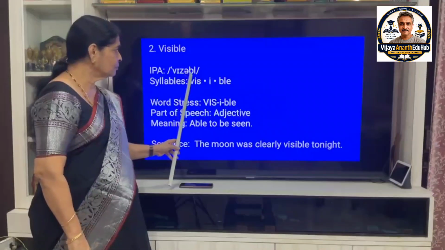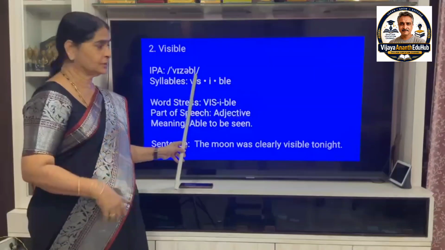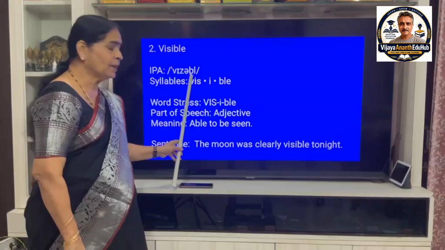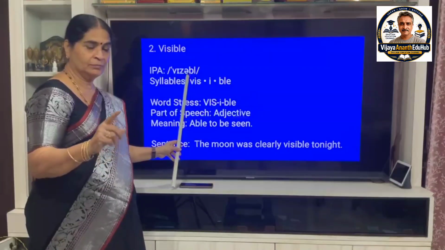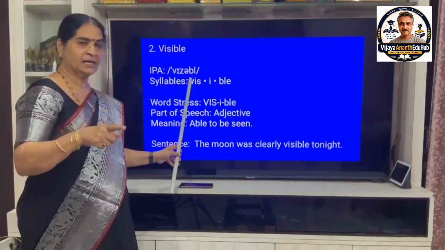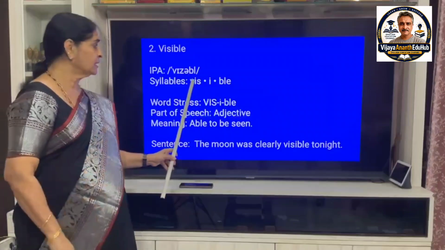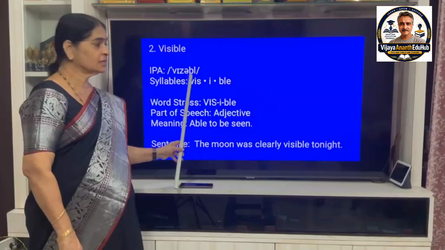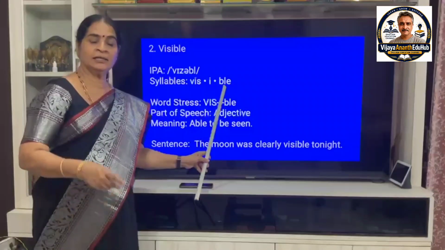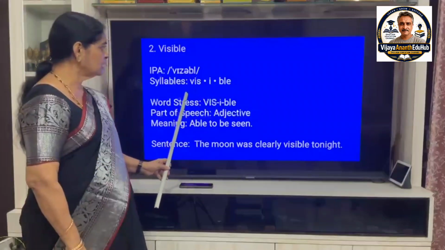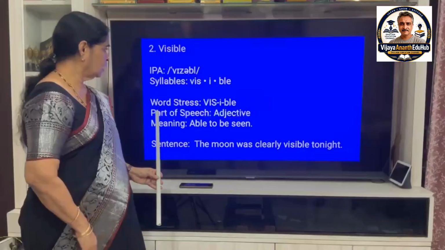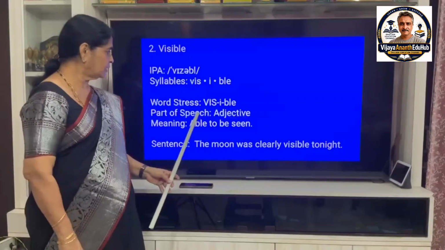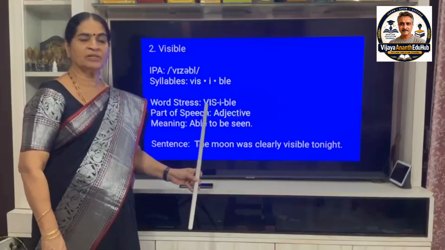But in ble there is no vowel sound. Ba la should be pronounced together without a vowel sound. This is called a consonant cluster, and it is considered a syllable. So this word has three syllables. Word stress is on the first one, visible.